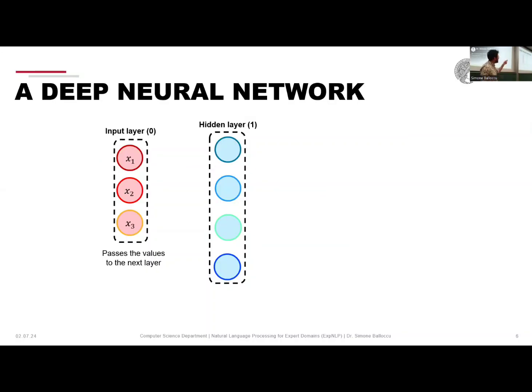So each of these neurons will be connected with all of the next and previous layers' neurons. For example, if you take x1, this is going to be connected to each one of the 4 neurons. But it's also going to be true for x2, and for x3. That means that each one of those neurons will receive x1, x2, and x3, combine them, apply an activation function, and pass it to the next layer.